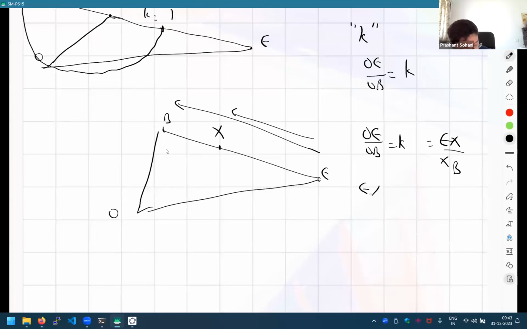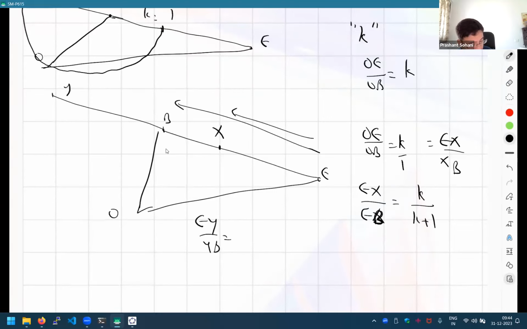So I need to determine EX upon EB, which will be K upon K plus 1. Right. So EX upon EB is K upon K plus 1. And for the external point of homothety, EY upon YB is equal to K, but I want instead EY upon EB, so I can subtract.